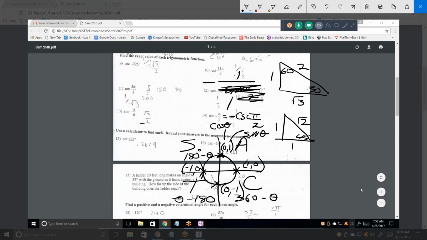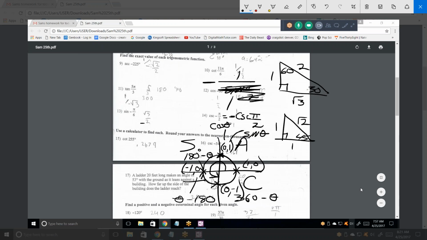The cosine of 270, that would be opposite. No, you can't use that when you're doing these quadrantal angles. You absolutely cannot do that. These quadrantal angles are 90-degree angles or multiples of 90-degree angles. So when I say 270, I'm talking about that angle. Well, the x-coordinate is the cosine of that angle, the y-coordinate is the sine of that angle.